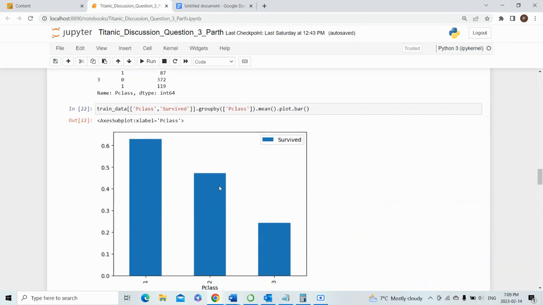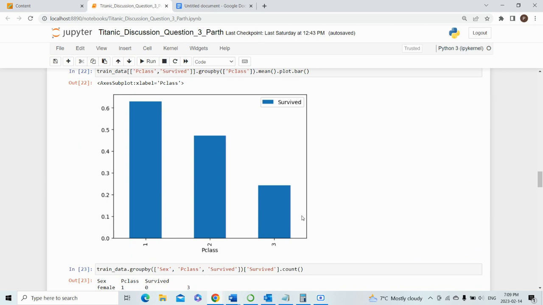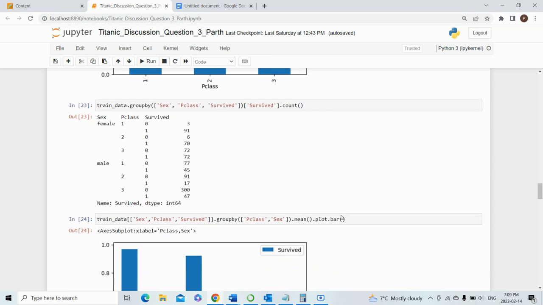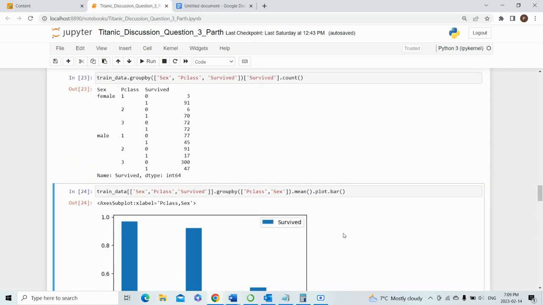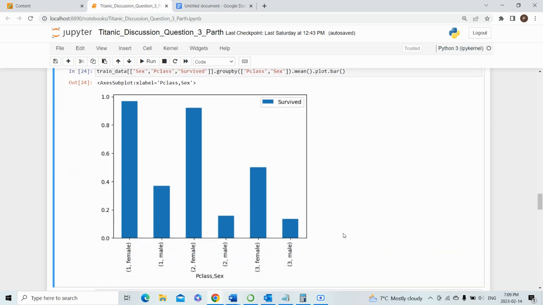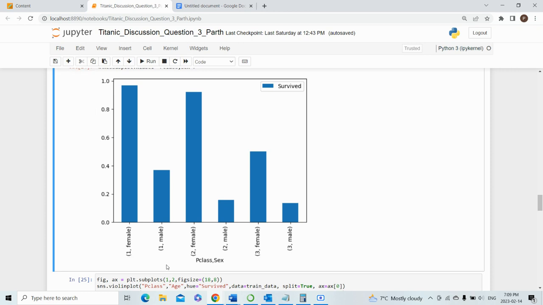And here we have done a relationship between different classes. You see, the people in the first class had higher chances of surviving than the people in the second and third class, respectively. As we move down, we have categorized class and gender.